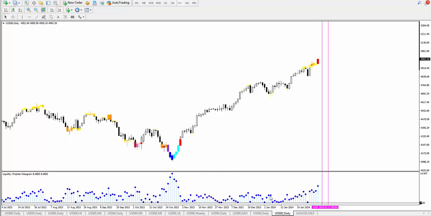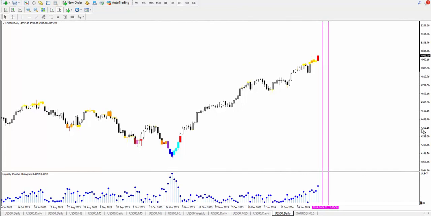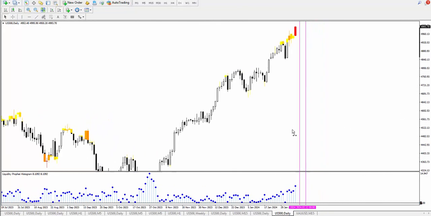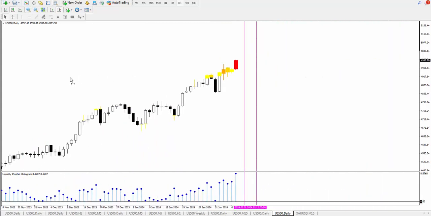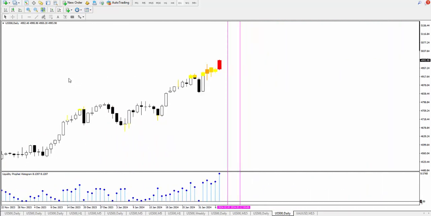So the next question you really want to ask yourself is, where would be your target on a daily time frame? So let me enlarge the chart and we can have a good hunt around to see where there was liquidity in the past. Now it could be that we don't actually see the liquidity on the daily time frame.